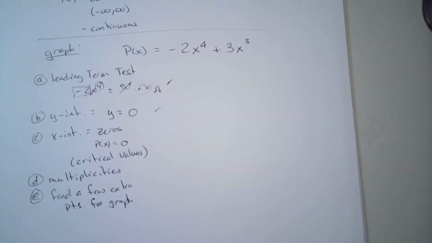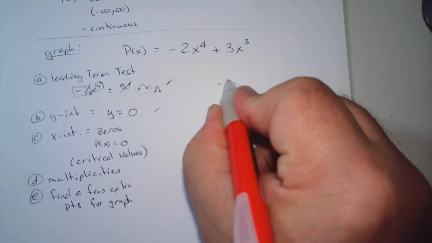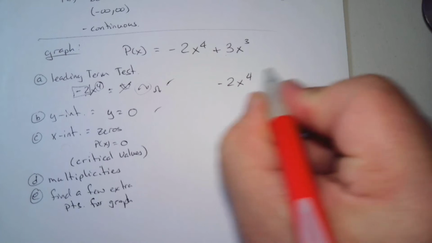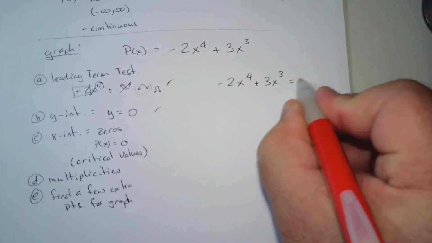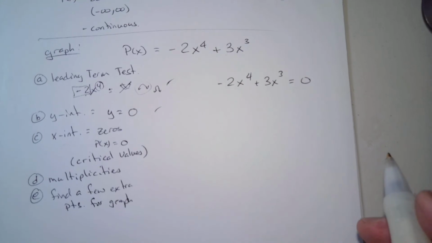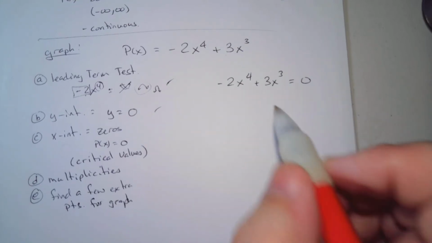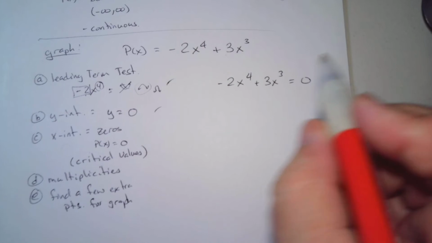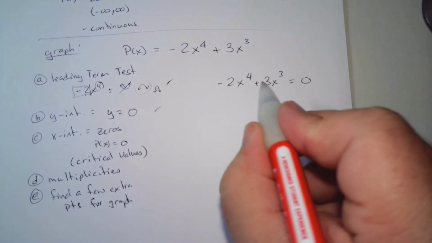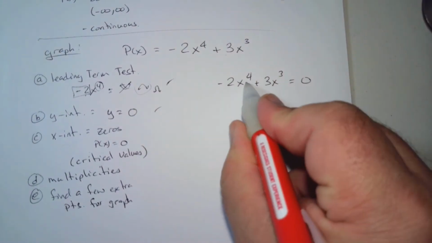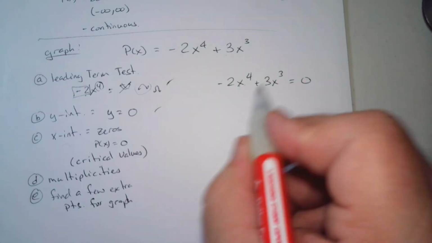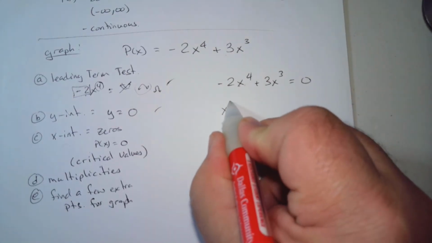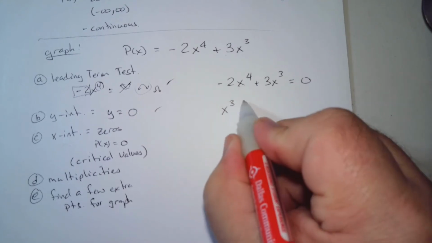So let's look at the zeros. Negative 2x to the fourth plus 3x cubed equals 0. That means we have to factor this and solve it. So what do they have in common? Not the numbers. This one has 4 x's, this one has 3 x's. So I could take out 3 x's.